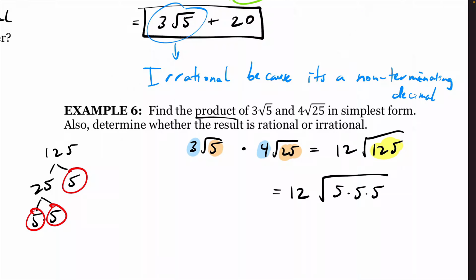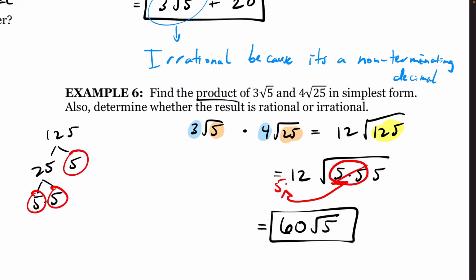Again, we're looking for pairs. Today we're just looking for pairs. It won't always be that way. Like yesterday in your practice, some of them were triples. Some of them were 4 of a kind, 5 of a kind, 6 of a kind. Today it's just pairs. We got a pair there. 5 times 12 is 60. We're left over with root 5.